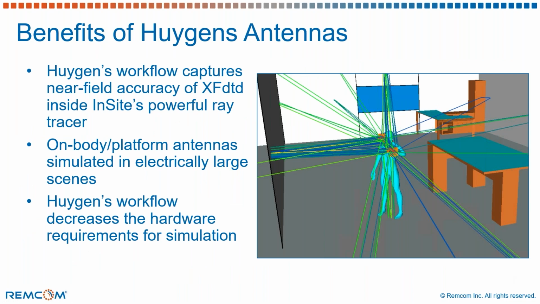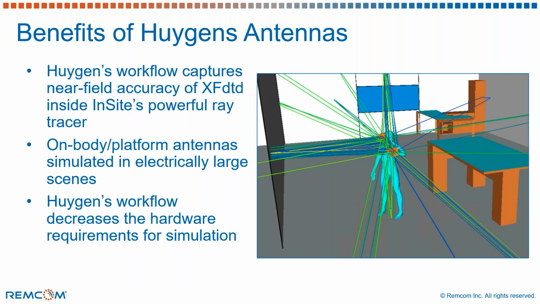The benefits of the Huygens antennas. This workflow captures the accuracy of a full wave solver like XFDTD, while also using Wireless InSite's powerful ray tracing that lets you use optimized GPU ray tracing for a large urban or outdoor scene or indoor scene.